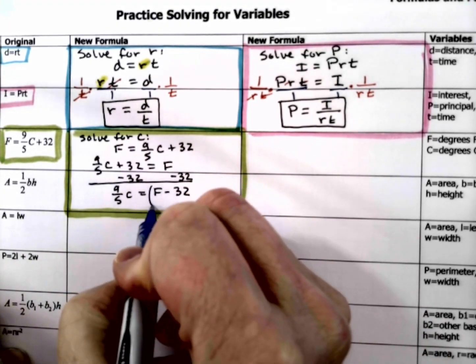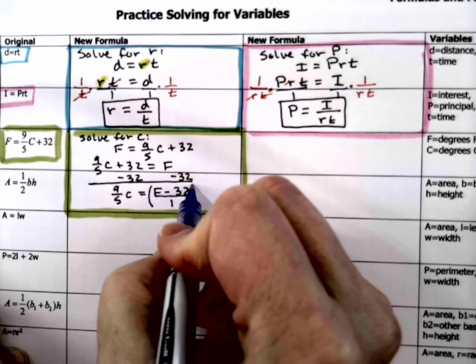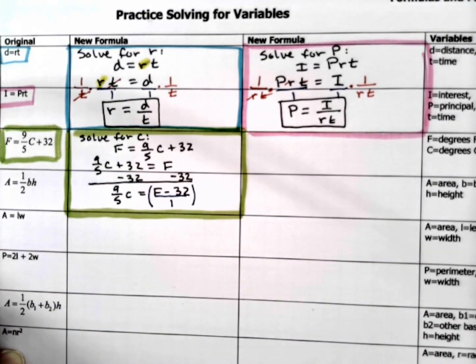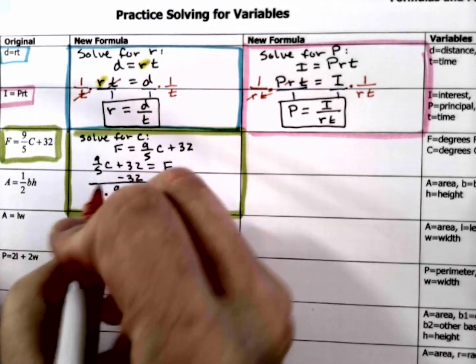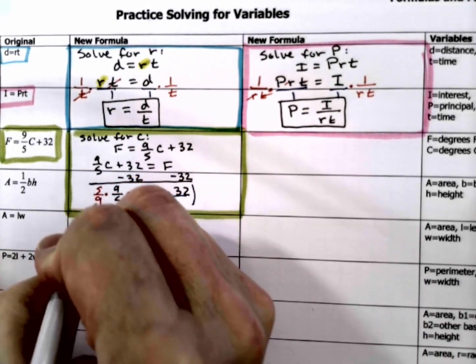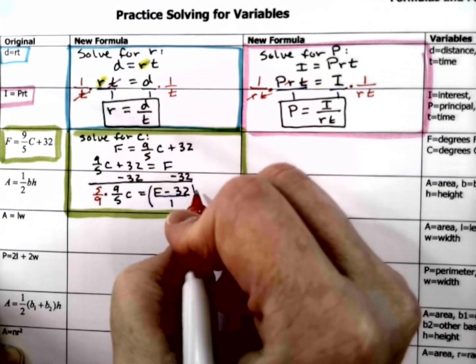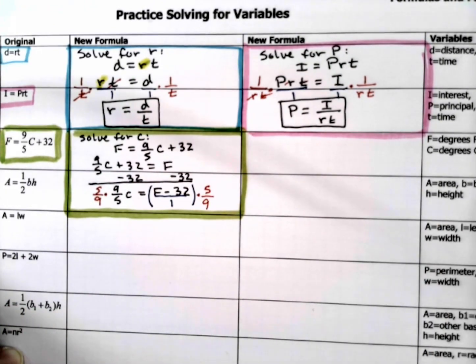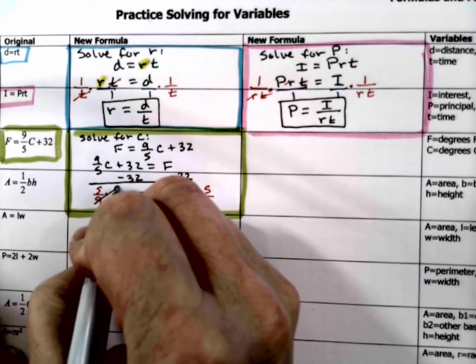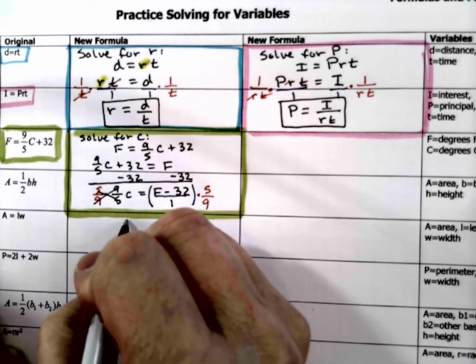So again, put the right-hand side in parentheses and over its invisible 1. We're going to multiply by the reciprocal. So we're going to multiply by 5 over 9 because we want C to be alone. So multiply this by 5 over 9. So I need a little bit more space. The 9s and the 5s cancel.